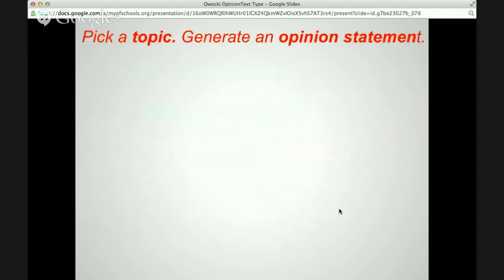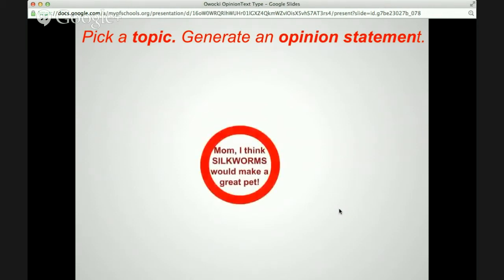Again, how do I get started with opinion? Is it the same as informational or narrative, or is it different? Actually, opinion, you do start with the topic, but you have to generate an opinion statement. So instead of just learning about silkworms, now you have an opinion about them, that they'd be a great pet.